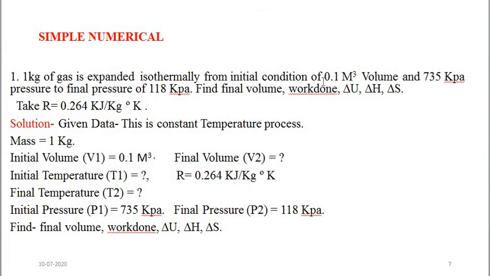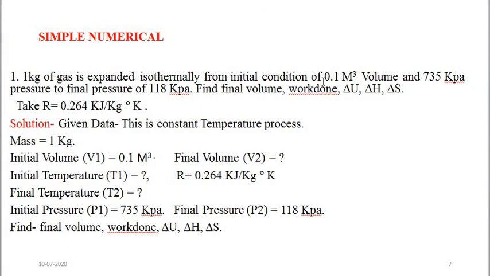Find the final volume, then work transfer or work done, then delta U, then delta H and delta S. Delta U stands for change in internal energy, delta H stands for change in enthalpy, and delta S stands for change in entropy for the isothermal process.